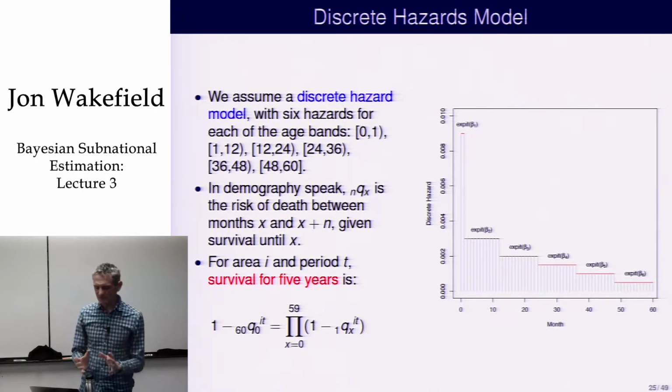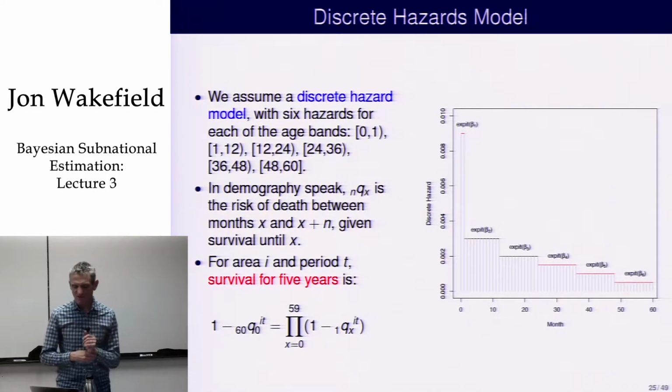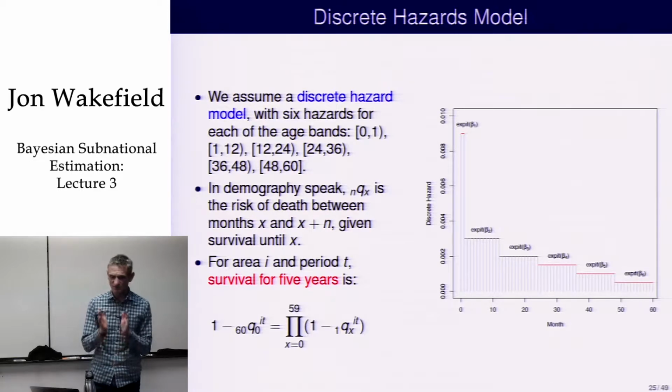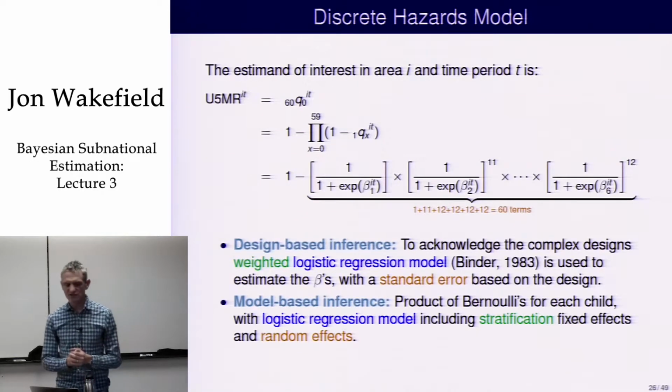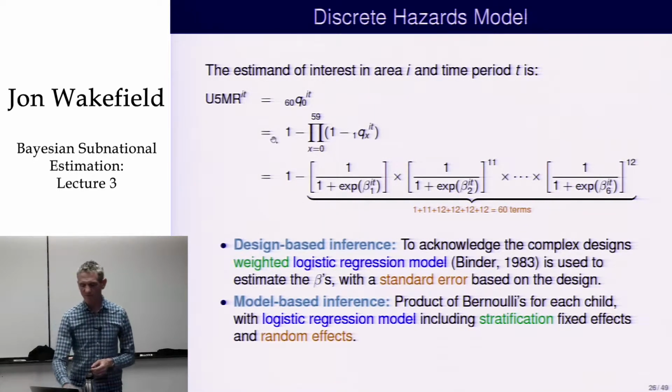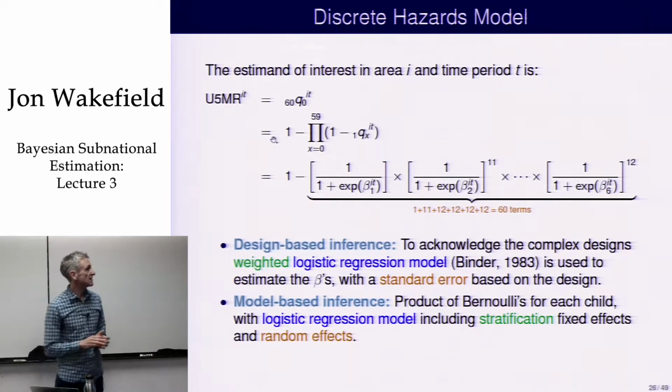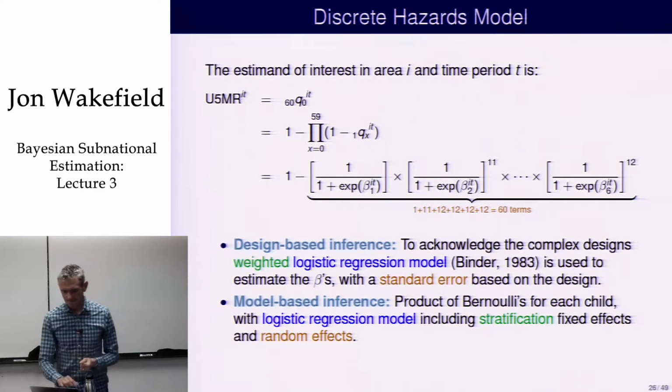So to survive 5 years, you need to survive all 60 months. So this just says you survive to the end of the first month, given you survive to the first month, you survive the second, etc. So the under 5 mortality is just 1 minus that. So 60q0 is 1 minus the probability of surviving over the whole period.